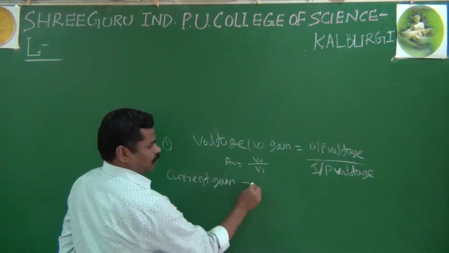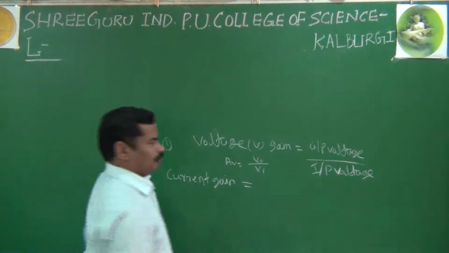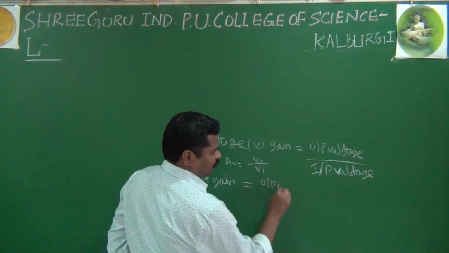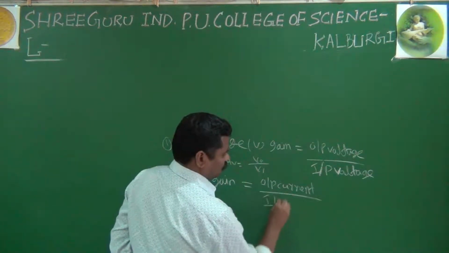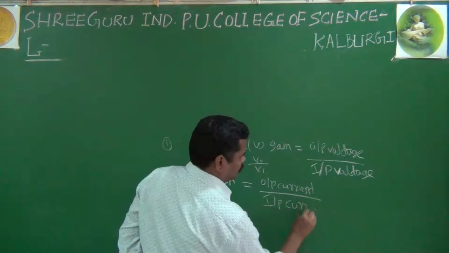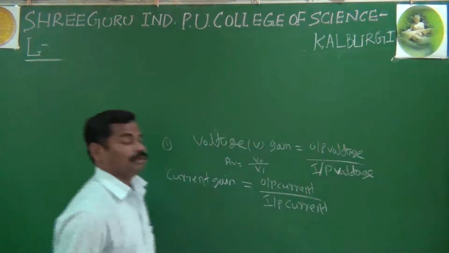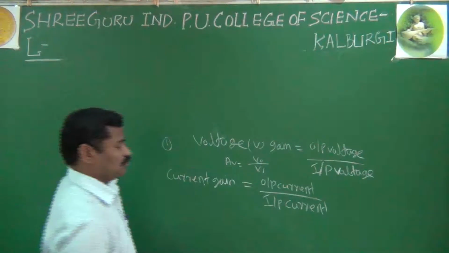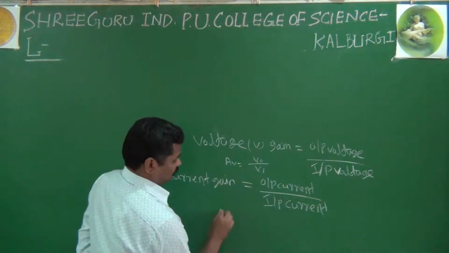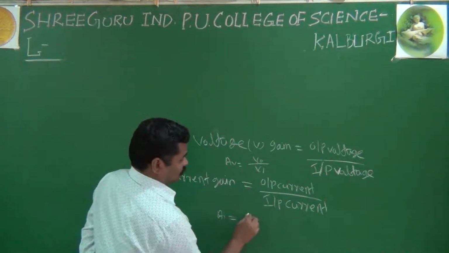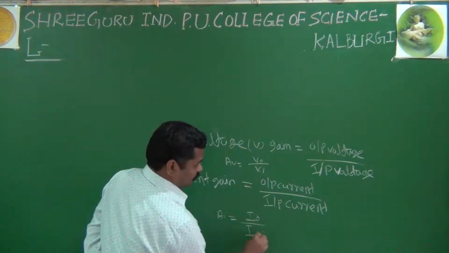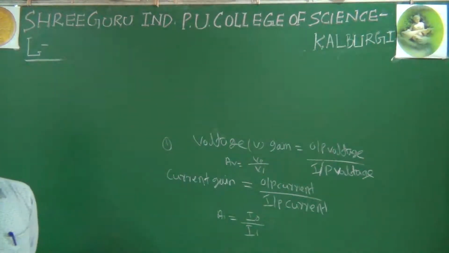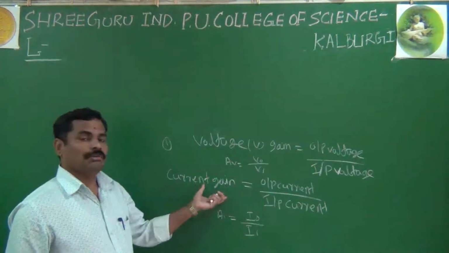In the same way, the current gain is the output current to the input current. This can also be written as AI equal to I naught by II, the output current to the input current. Here also there is no unit because both cancel. This is voltage gain, this is current gain.